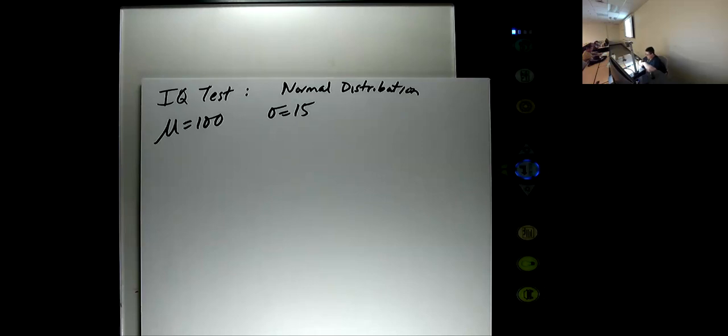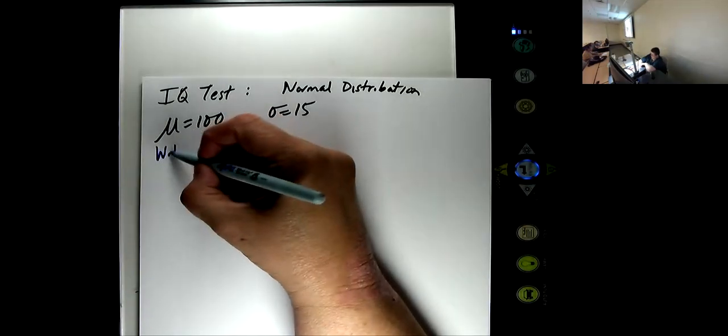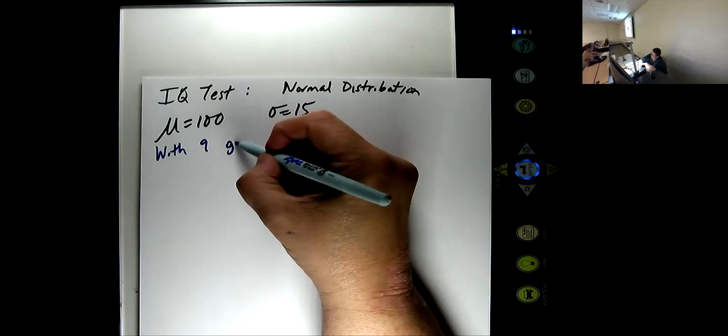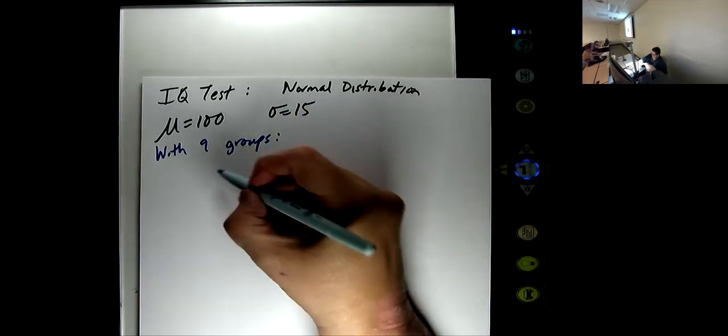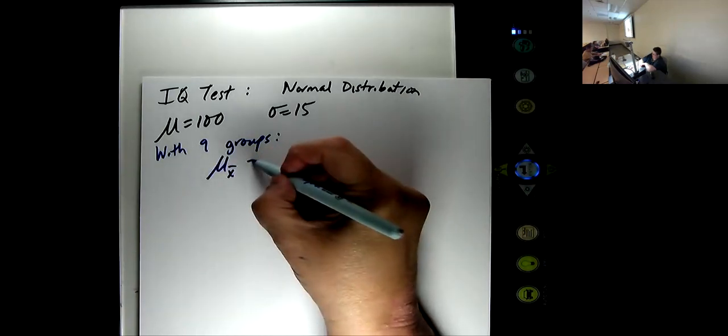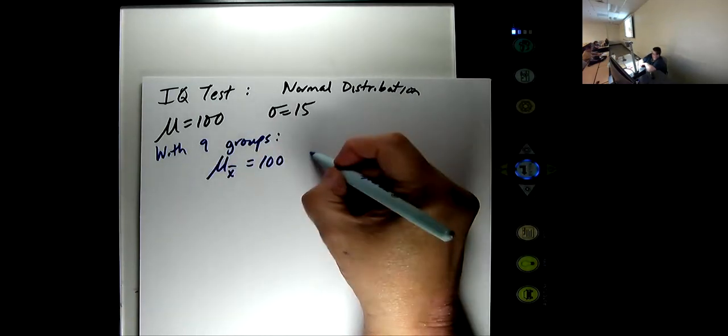So if you had like 9 different groups, the mean of it should still be 100, but the standard deviation is going to be the 15 divided by the square root of 9, which is 5.